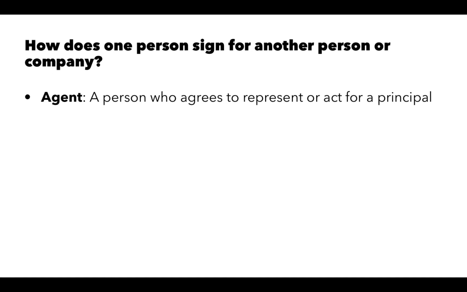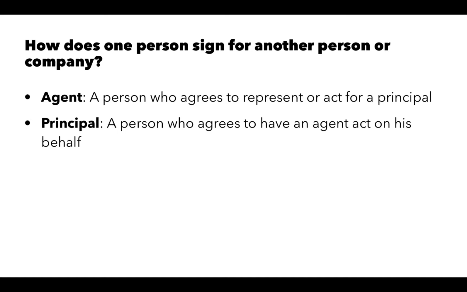An authorized agent can bind his principal on an instrument by signing the instrument in such a way as to clearly show that he is signing on behalf of the principal. In that case, the principal, rather than the agent, will be liable on the instrument. Now, a principal is a person who agrees to have an agent act on his behalf. So an authorized agent can bind his principal on an instrument without making himself liable.